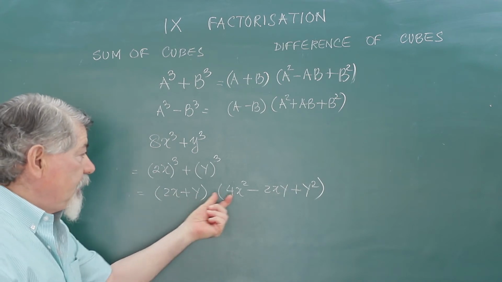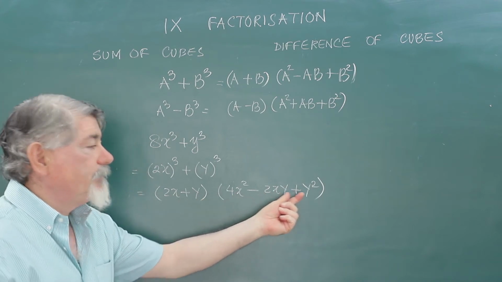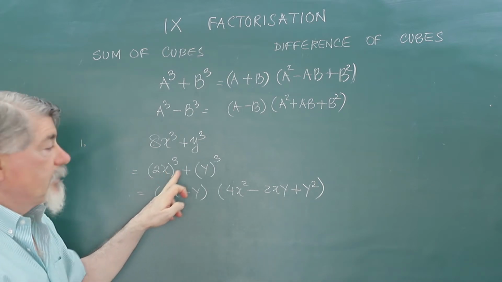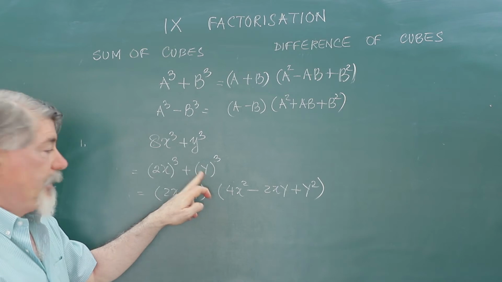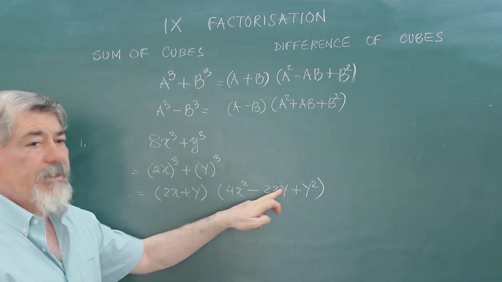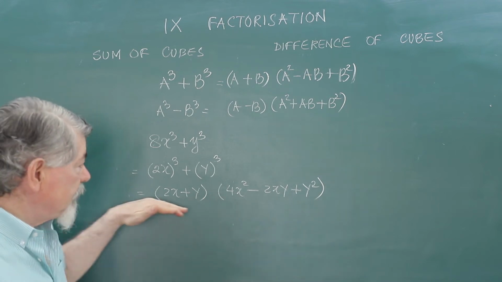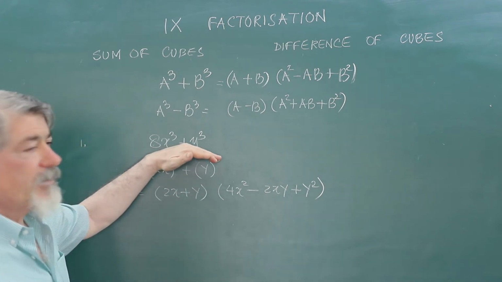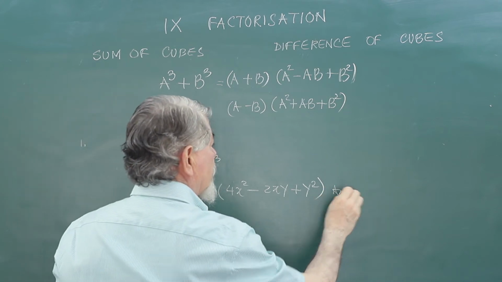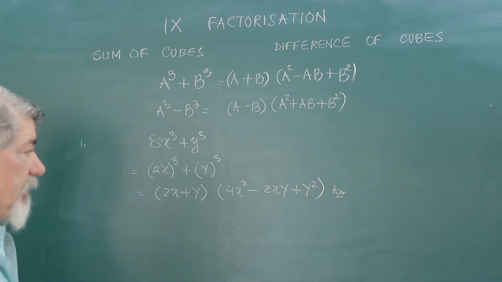A plus b, a squared minus ab plus b squared, where in place of a I have 2x and in place of b I have y. These are the factors of 8x cube plus y cube. This will be your answer. I cannot factorize it beyond this.